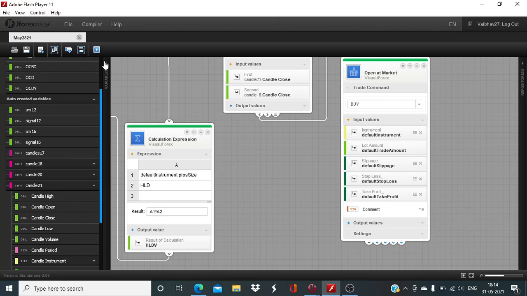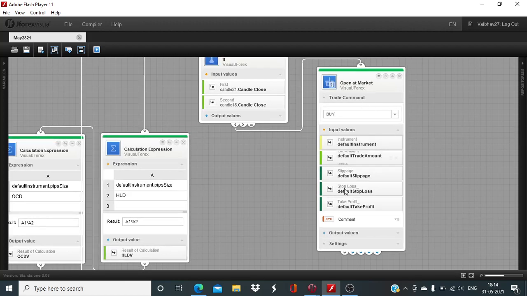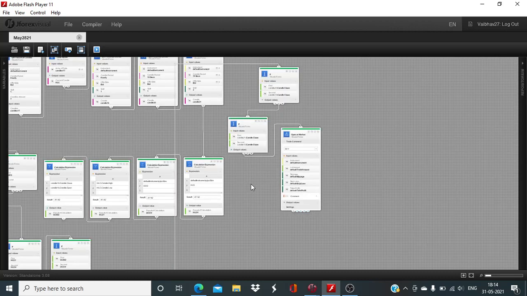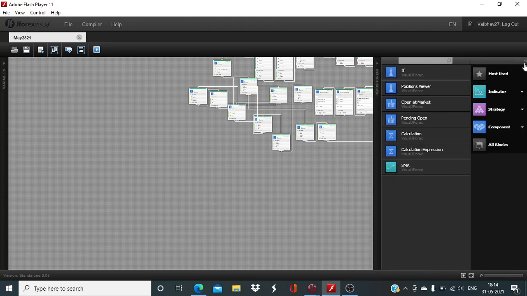Okay, we will now arrange the blocks, and after that we will need to define the input values for these trade command blocks. We will need multiple action first.